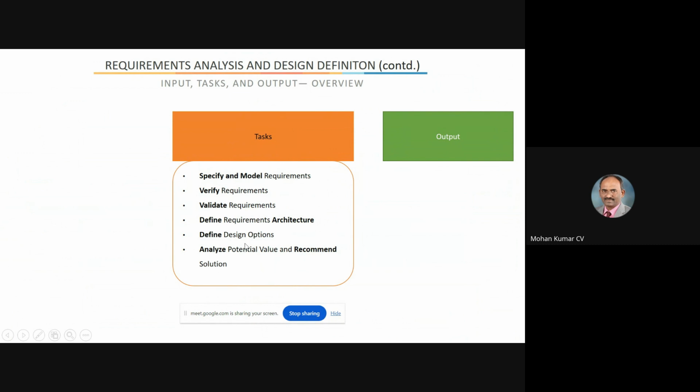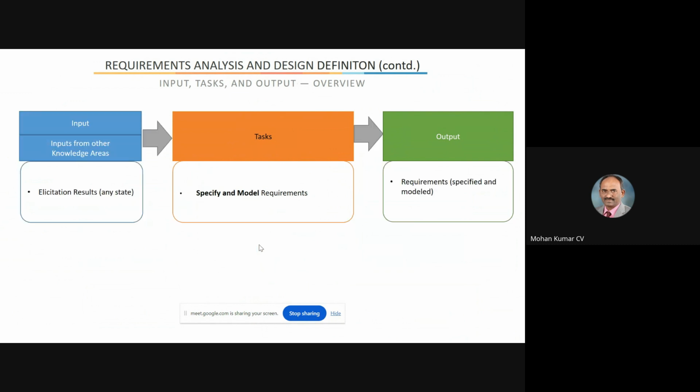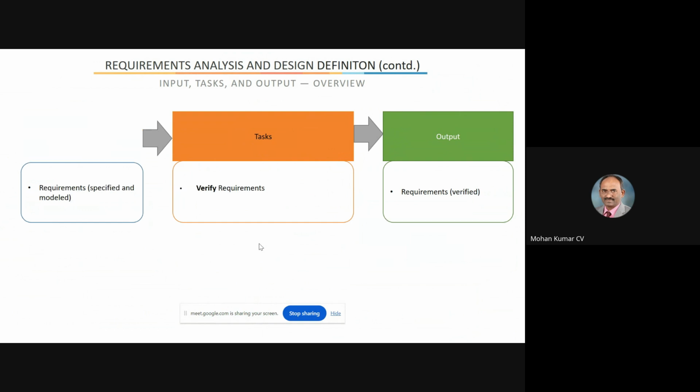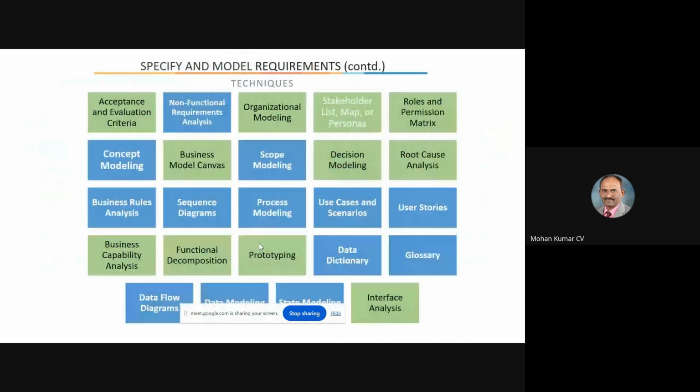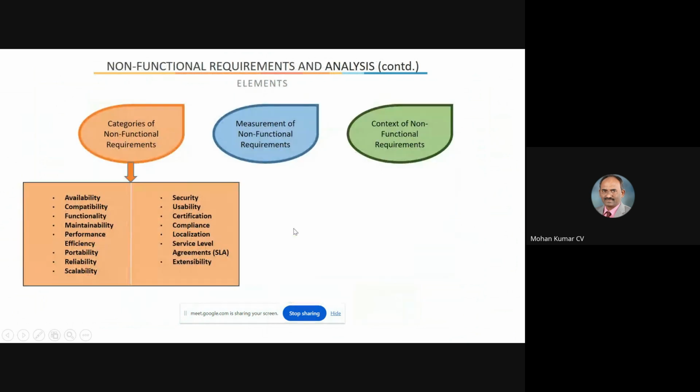Yesterday, we were discussing specify and model requirements and the different techniques.